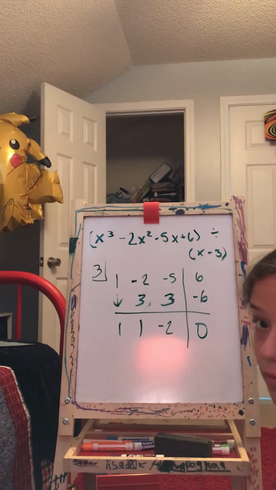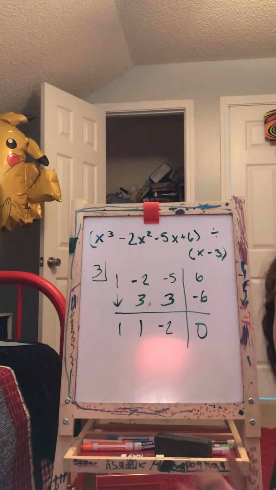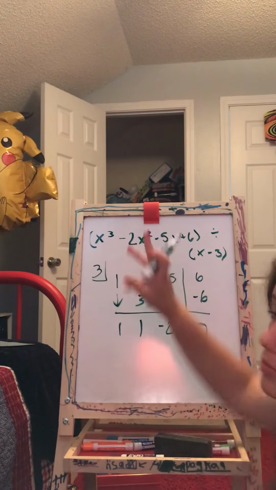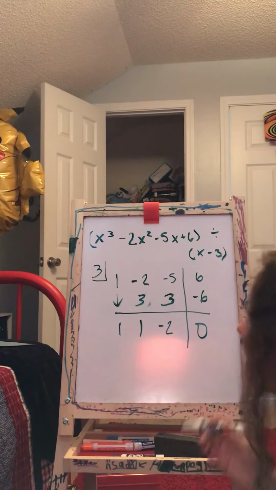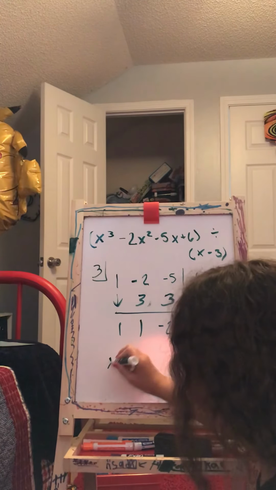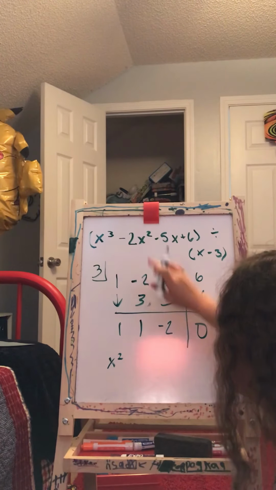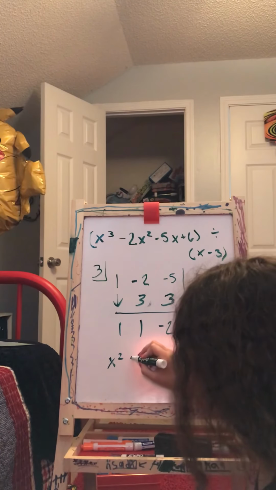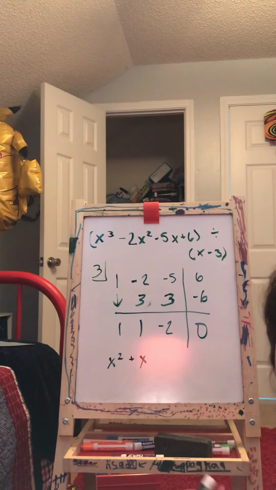So we don't have a remainder this time, which means this does not have to go over this. So, like last time, it's one less than the thing it was before. I don't know the terminology for that. So this is just going to be x squared, because not cubed, squared. And then this one, 1 plus x, because one less than x squared is just going to be an x.